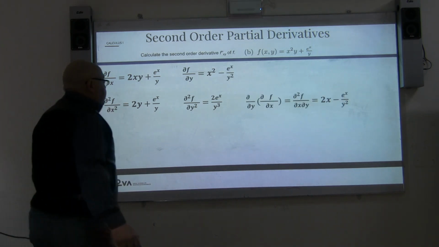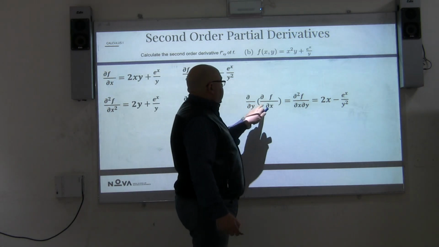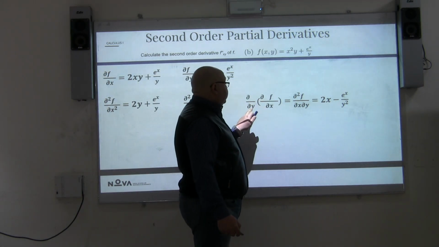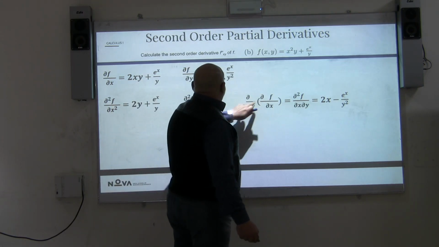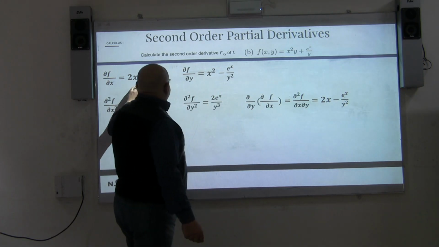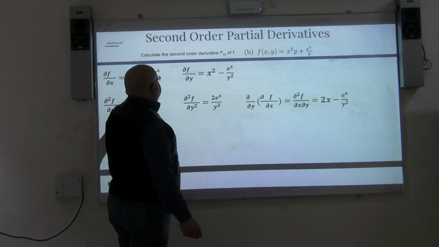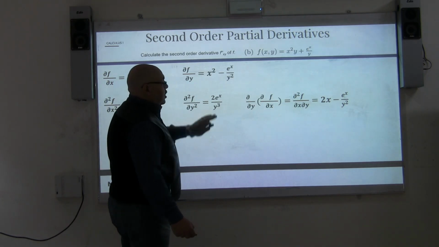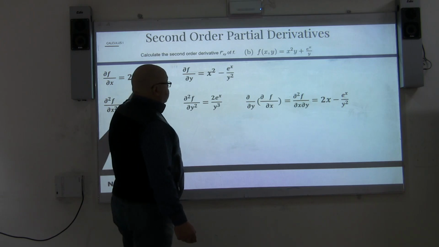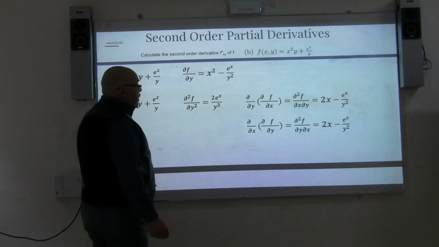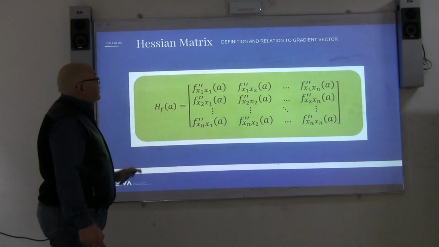For the mixed derivative, I will get the first derivative, then I will differentiate with respect to y. So differentiating with respect to y, it's going to be 2x, and this one is going to be e to the power of x, I'm sorry, divided by y, as you can see. So that's the mixed derivative.